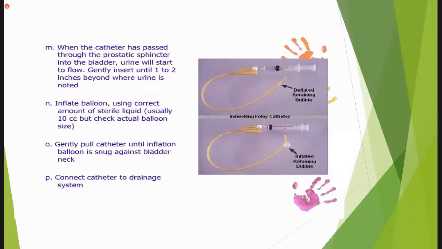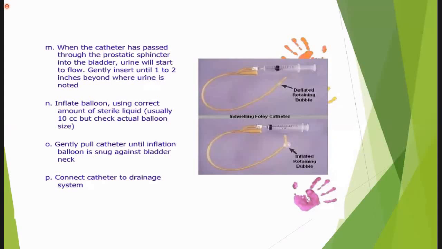When the catheter has passed through the prostatic sphincter into the bladder, urine will start to flow. Gently insert until 1 to 2 inches beyond where urine is noted. Is it clear?